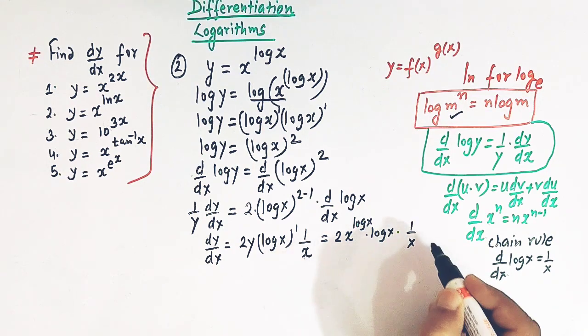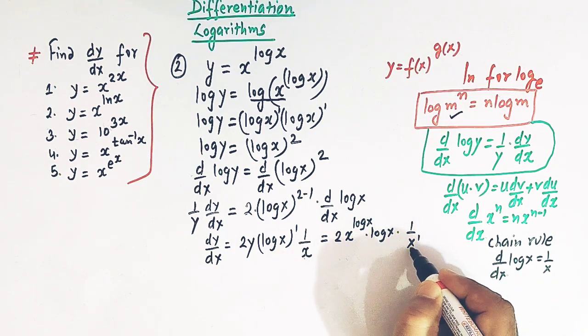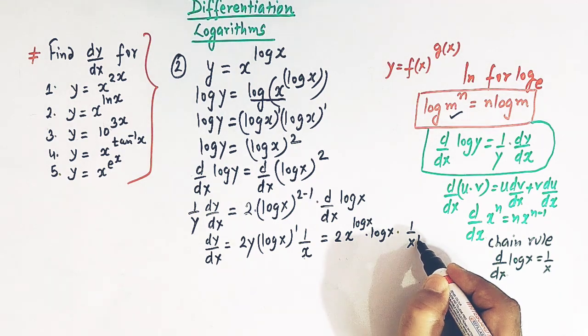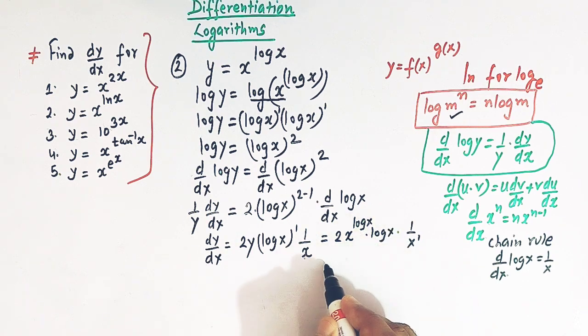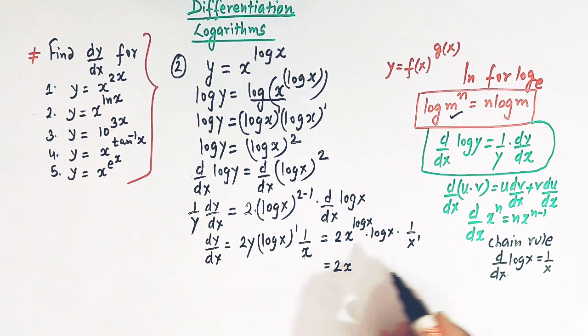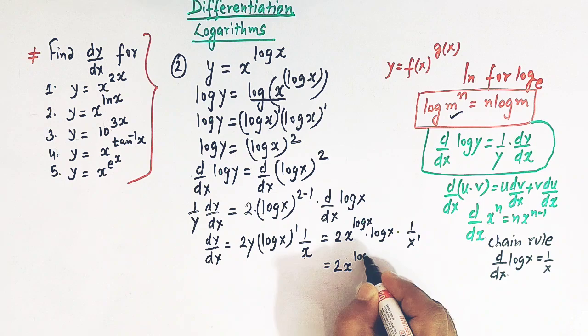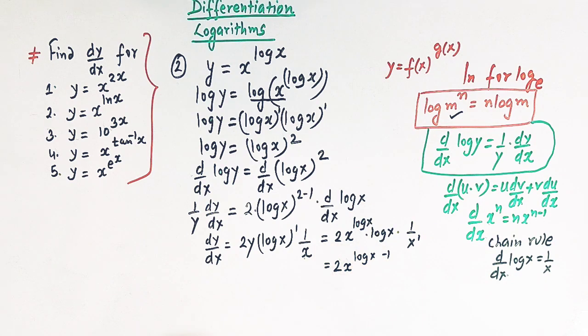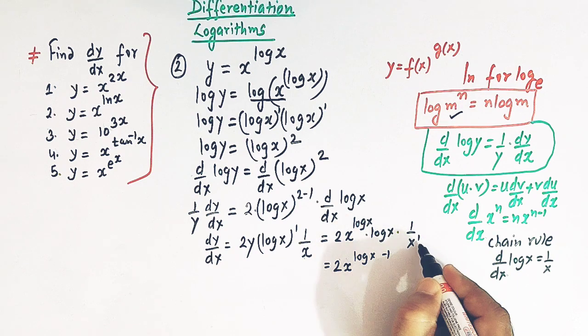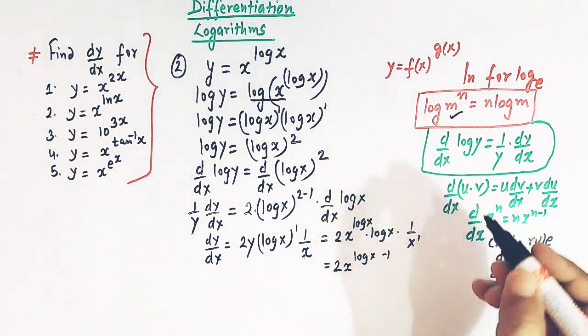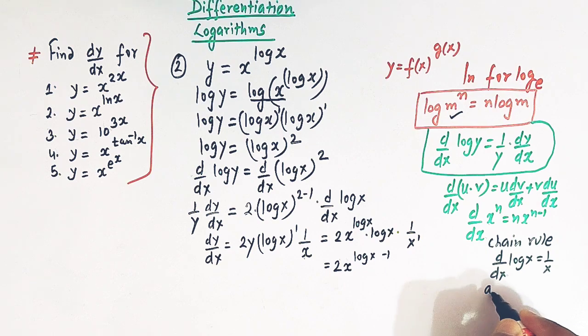Now here we have the power x raised to 1. So we can take x raised to 1 to the numerator. So we have 2 times x raised to log x minus 1, right? Here we can use the rule from exponents, that is a raised to m divided by a raised to n is a raised to m minus n, right?